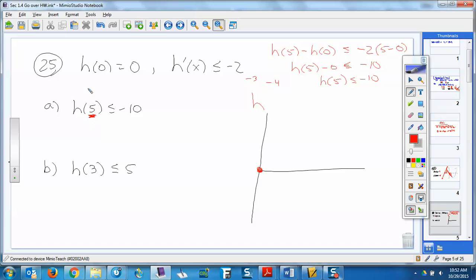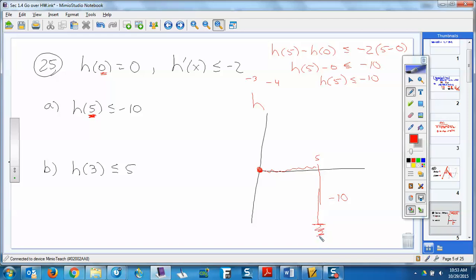So that means if I go over to 5, and I'm starting here at 0, so that's a run of 5, and my slope is negative 2, that means I'd have to go down 10 or more. Because if the slope was negative 3, then I'd go over 5, I'd go down 15, right?